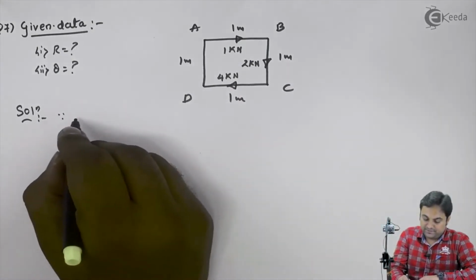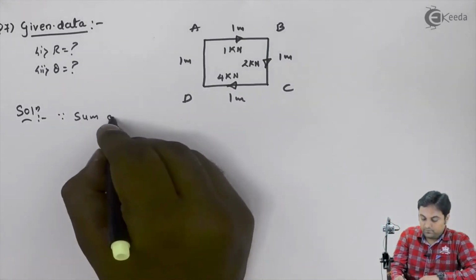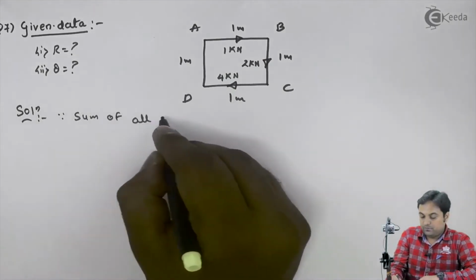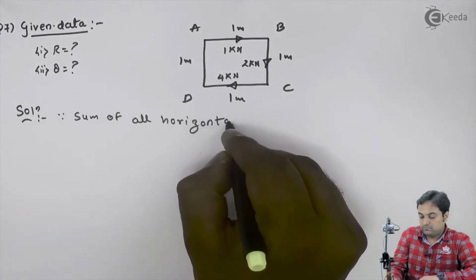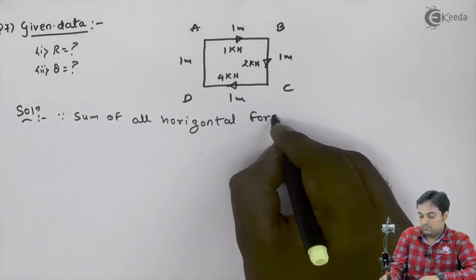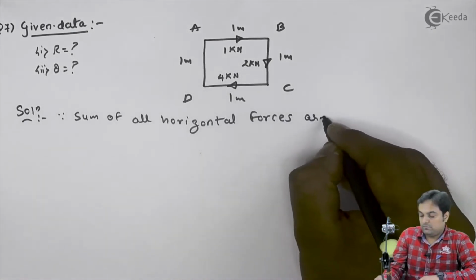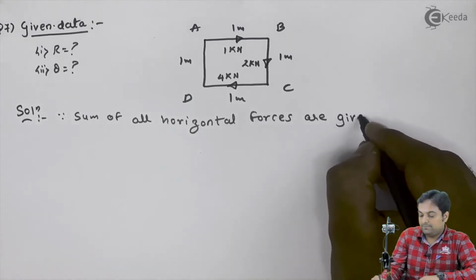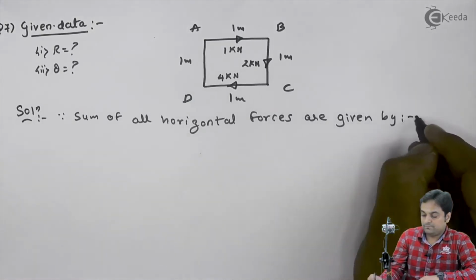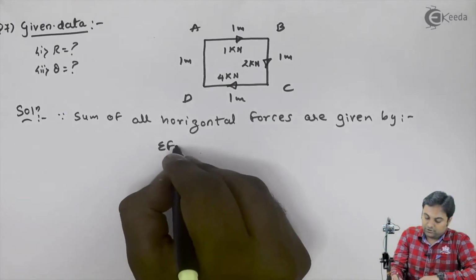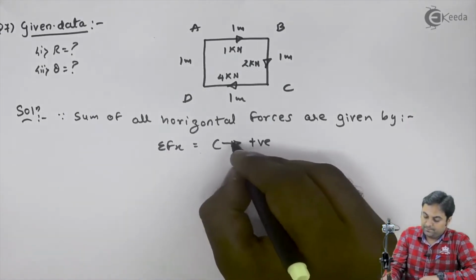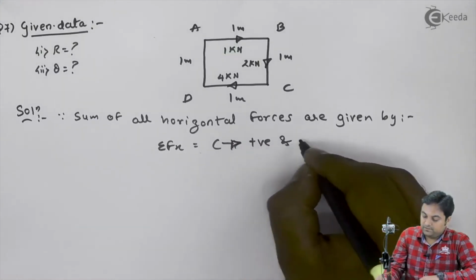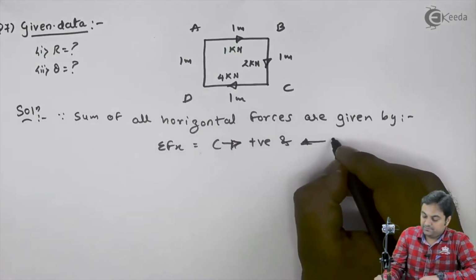Since the sum of all horizontal forces is given by summation of Fx, rightward forces positive and leftward forces negative.